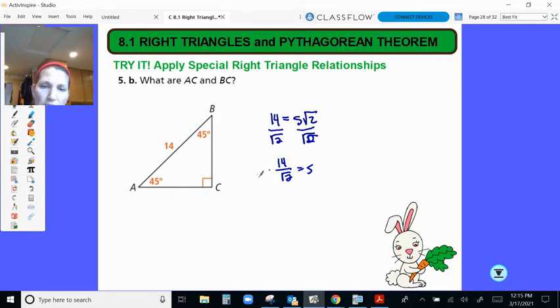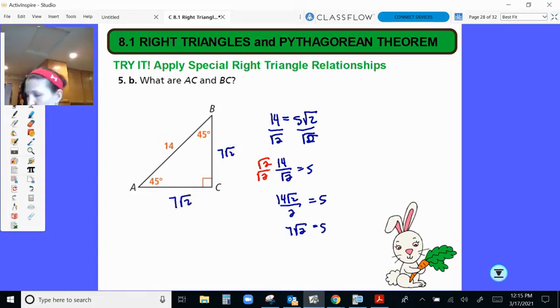And I need to rationalize this denominator. And so it's 14 square root of 2 over 2 equals my side. 14 divided by 2 is 7. So my side length is equal to 7 square root of 2 on each of those. It's a 45, 45, 90 isosceles right triangle.